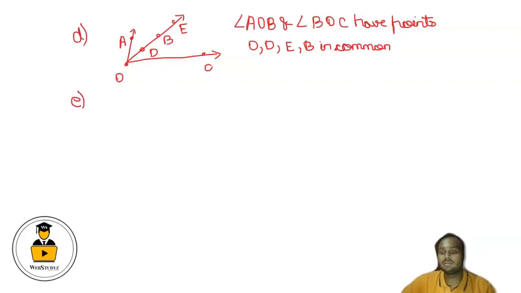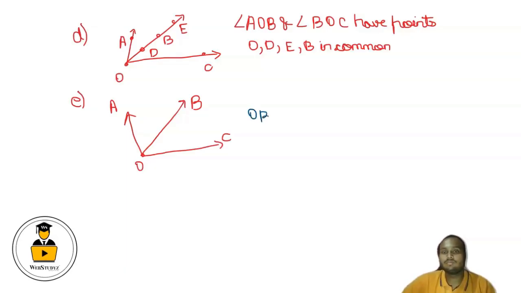In the last part, it is said that one ray in common is asked. So let us name a point first O and let us draw like this. This be C, this be B, and let us write this be A. Fine. Let us name the angles or we can leave it. So here in this question, OB is the common ray.